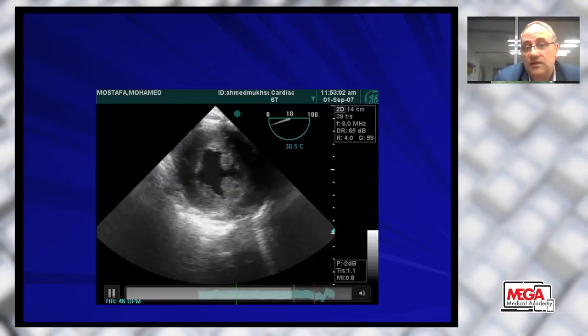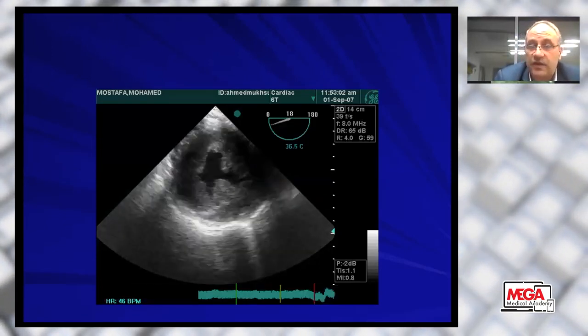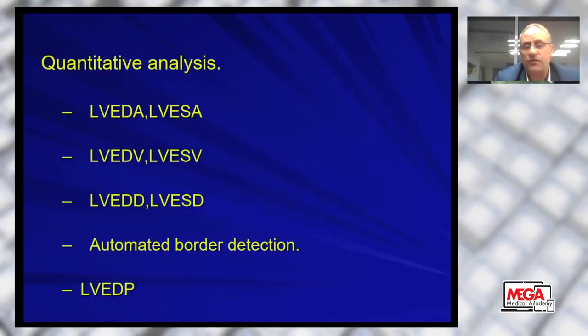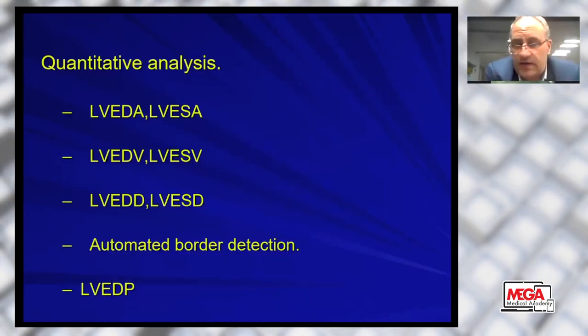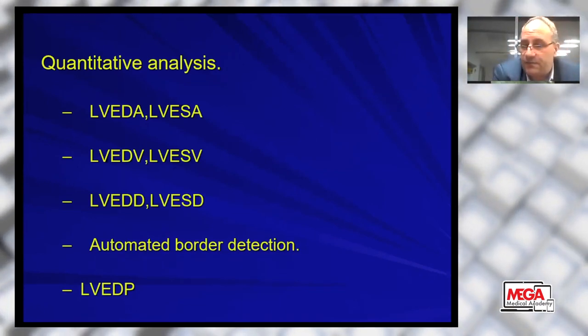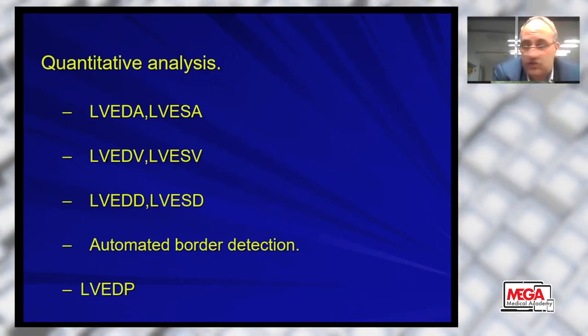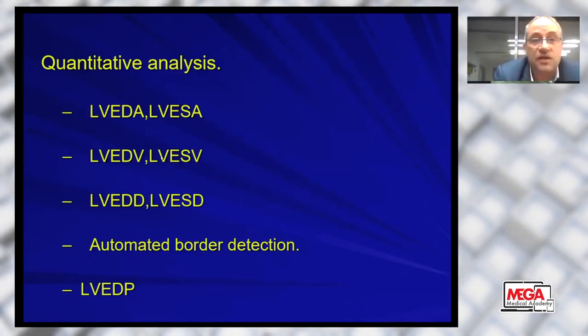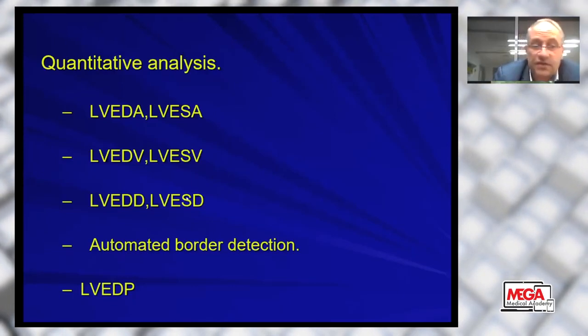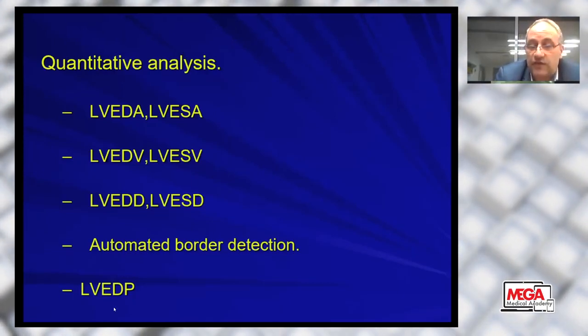Or we can see a distended ventricle, which denotes hypervolemia, or the direction of the interatrial septum. However, this is suitable for clinical practice, but not suitable for documentation, measurements or precise decision making. So we have quantitative analysis by the area, the volume and the diameter, and the pressure also we can detect.